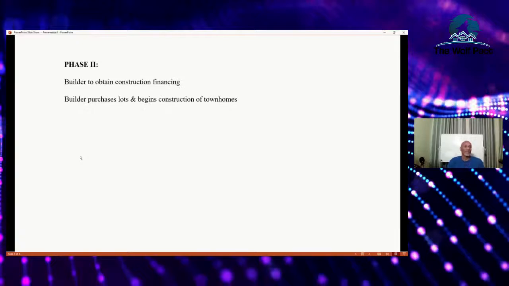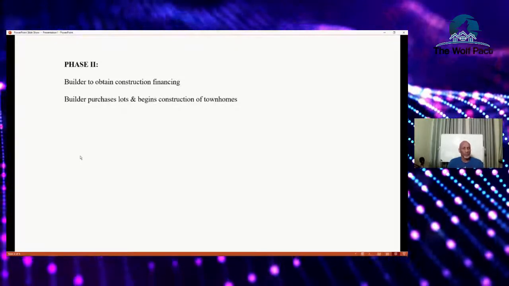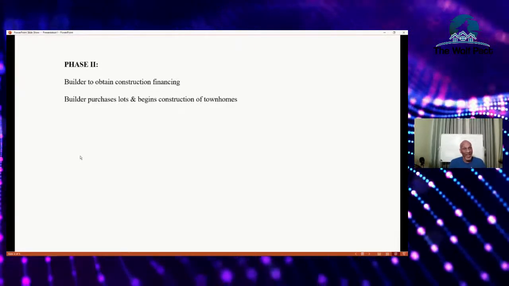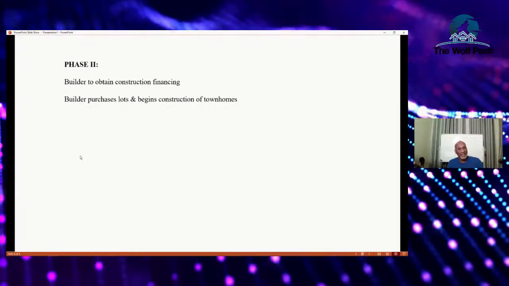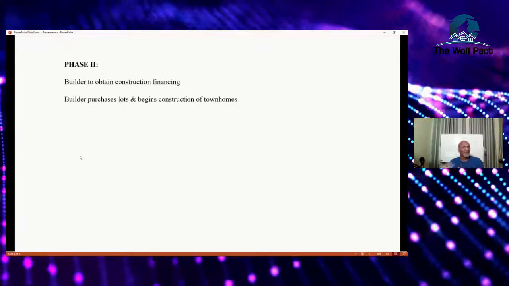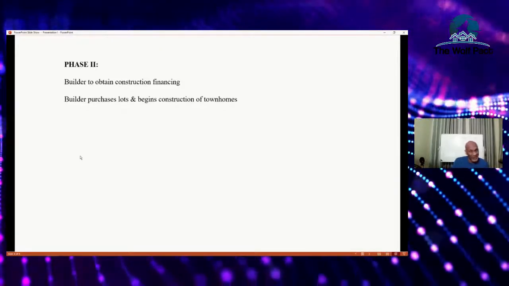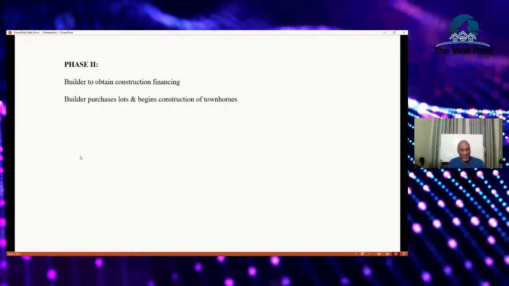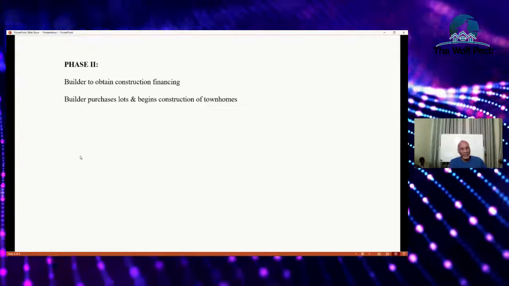So phase two, the builder is going to obtain construction financing. Usually the land bank. When the JV partners buy the land first, then the builder buys it back from them. We call that our land bank program.